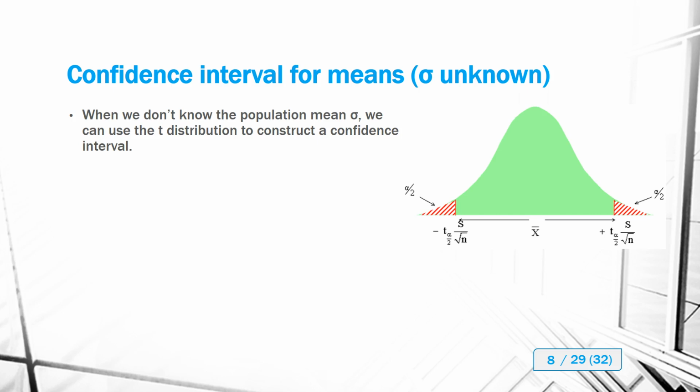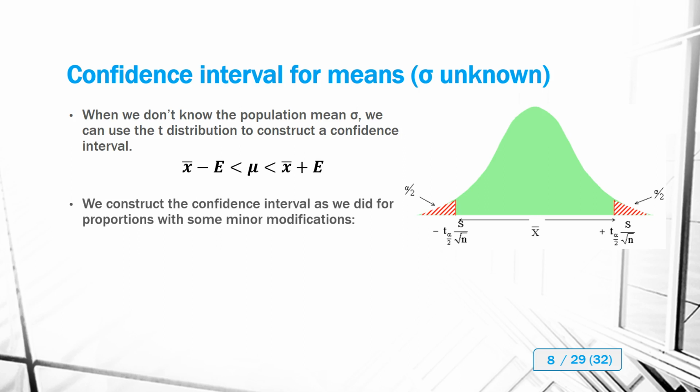When we don't know what the population standard deviation is, we can use the t-distribution to construct a confidence interval. Okay? Notice we have the same format for constructing confidence intervals for means that we had for constructing intervals for proportions. It's just the variables in our format here resemble means as opposed to proportions. But it's the same essential concept.